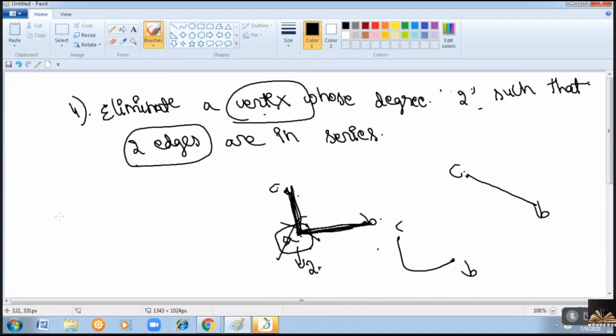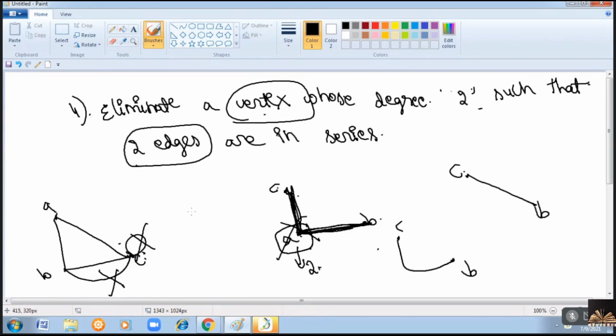Suppose you have a graph like this. What is the third step? Suppose the second step is what? As it is not a disconnected graph, you can directly go to the second step. Second step is eliminate the self loop. Third step is eliminate multiple edges, right? Now, the fourth step is what?